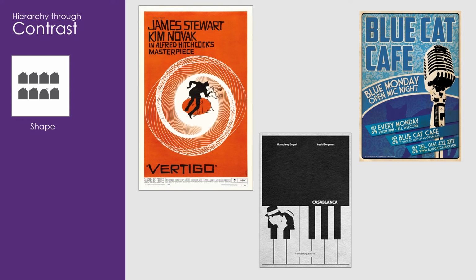Same thing with like the big spiral circle thing in the Vertigo poster, and even the Blue Cat Cafe. Everything is sort of very up and down, and then there's that nice arc that says Blue Monday Open Mic Night, which kind of pops off the composition. So a change in shape will draw a viewer's attention.